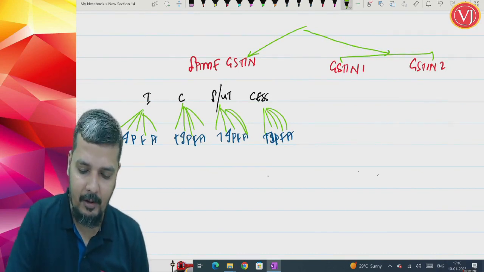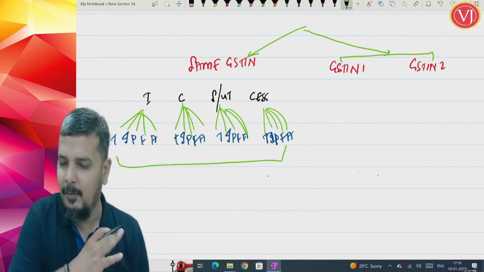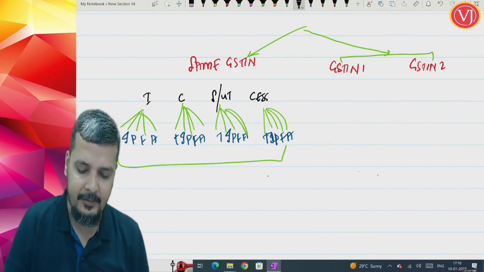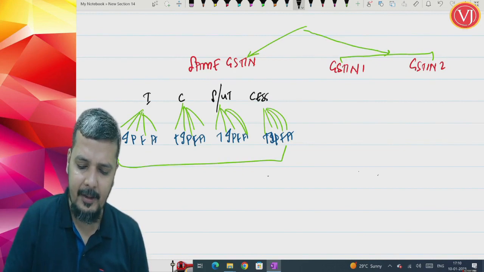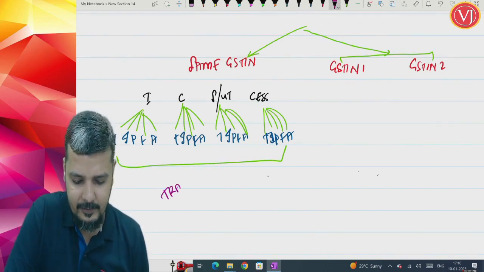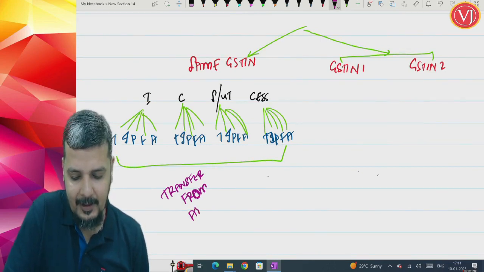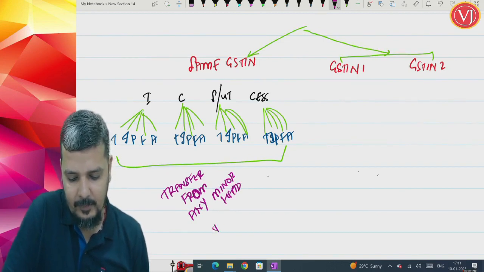So amongst all these, transfer can happen from any minor head to any other minor head.